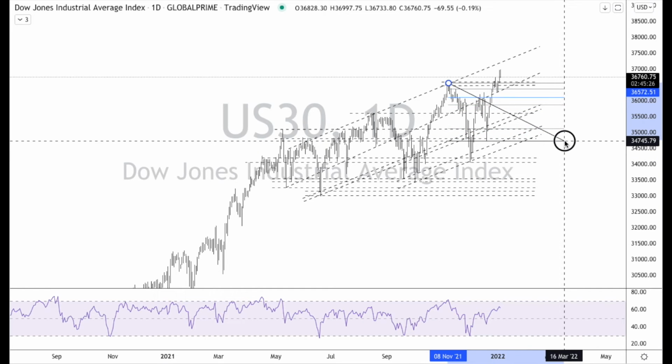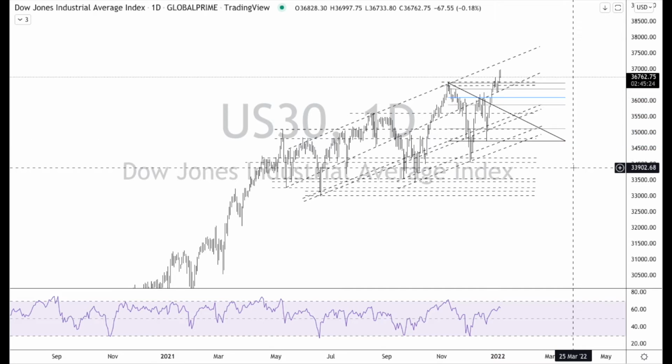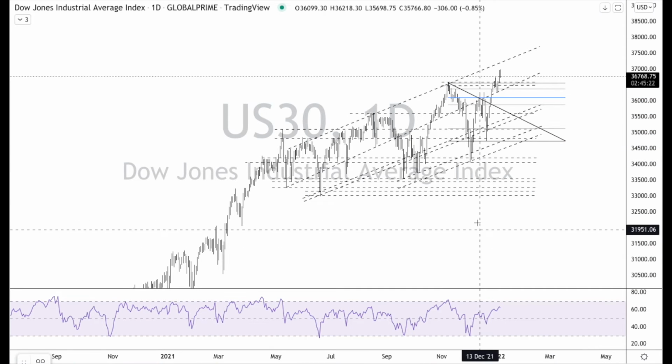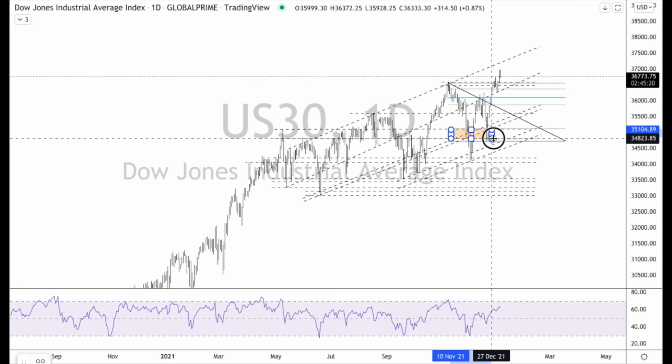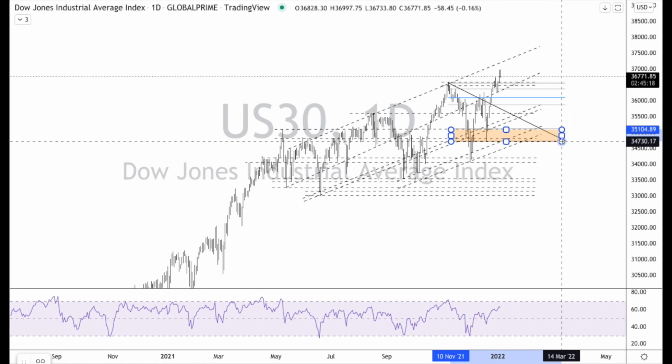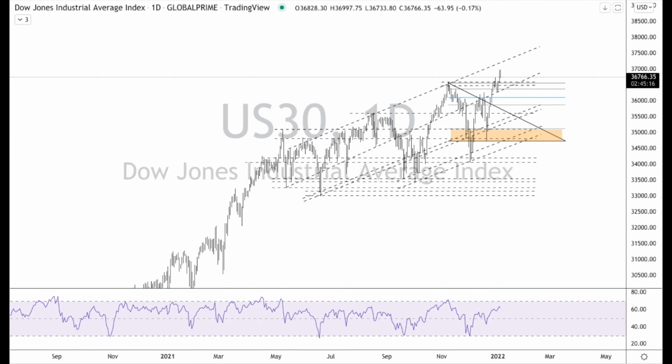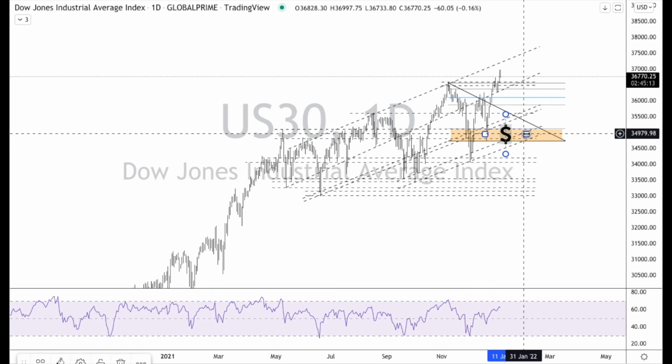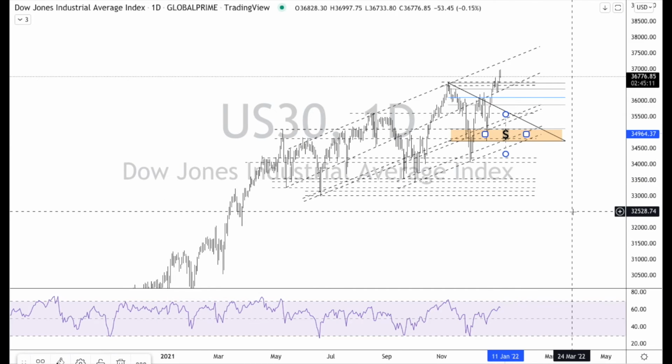To be fair, to me, this place looks more realistic. So the buy will be in this location, in my opinion, right here. And that's what I'll be looking at. But I would have to wait for the pullback.